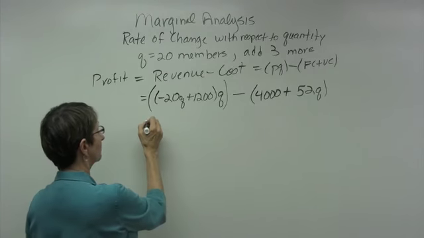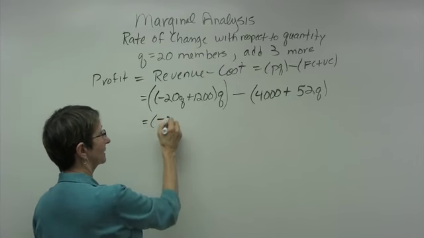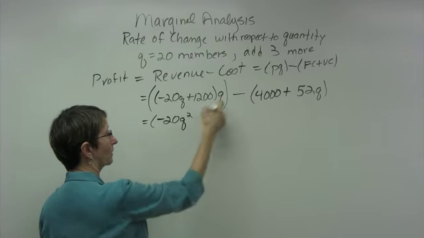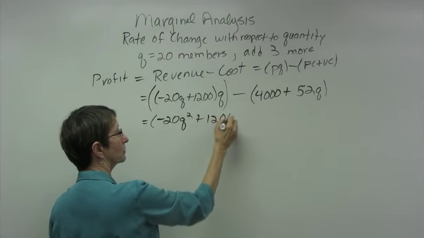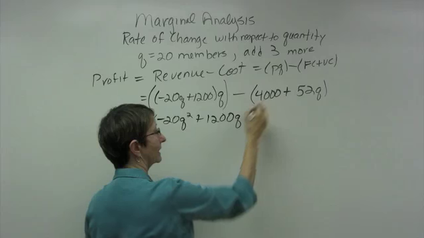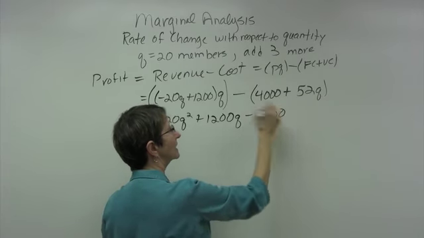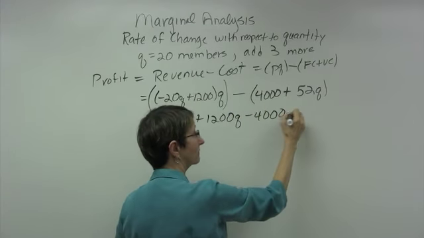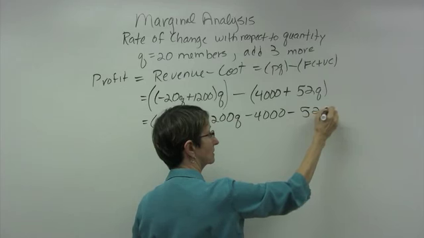If you multiply through by the revenue, we have negative 20Q squared plus 1200Q, then minus 4,000, and minus again, we have to subtract every cost.